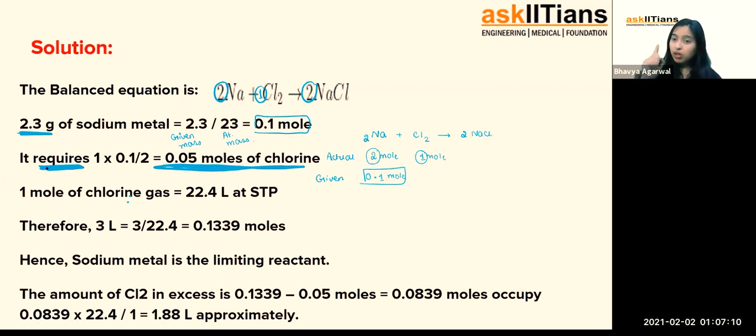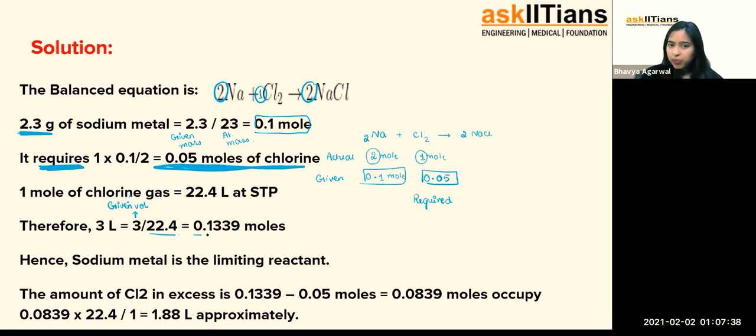The chlorine required is 0.05. But how much am I having? I'm having 3 liters. So we know that for moles, the formula is given volume by 22.4 liters.